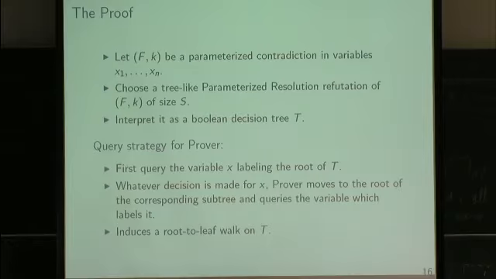And now the strategy for the prover is he queries the variable x labeling the root of t, and then whatever decision is made in the game for x, the prover moves to the root of the corresponding subtree and queries the variable which labels that. And so this induces a root to leaf walk on t. So during the game we will move in the tree from the root to some leaf.